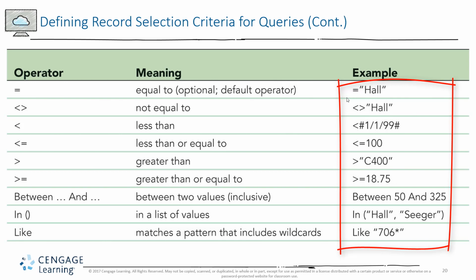And then matches a pattern that includes wildcards. So we want anything that is like 706, it starts with 706 and after. So anything that has 706 to start with is going to be an item that will be selected for our query.